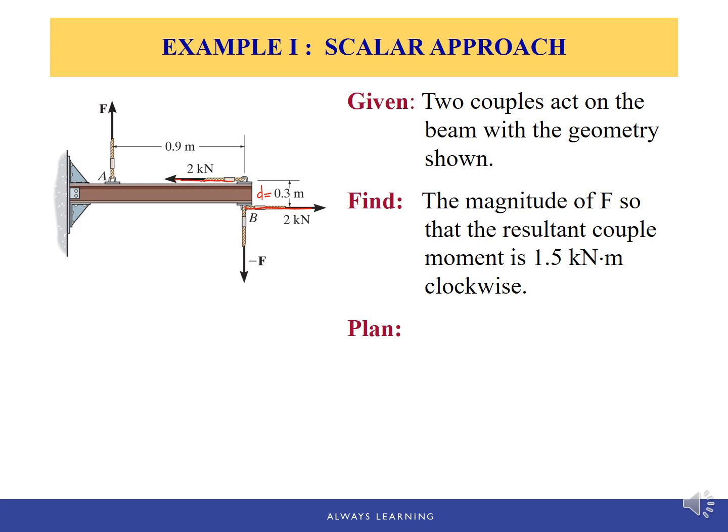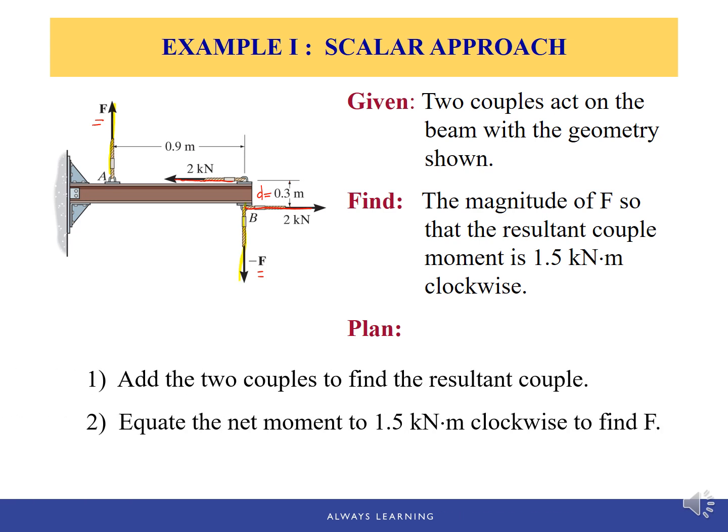And we're looking for the magnitude of F in the other couple. The other couple is in the vertical direction. Again, they are in the opposite direction and the same magnitude. And we know the distance d is 0.9.